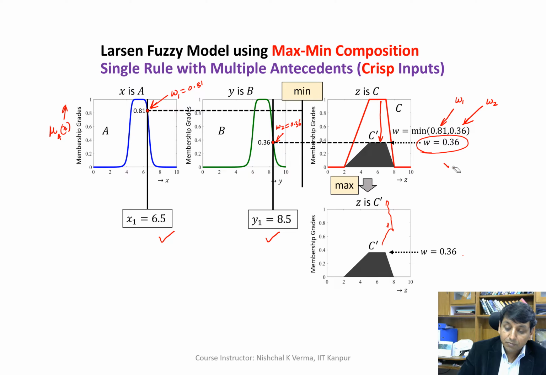The membership function of the new fuzzy set, let's say mu c dash z, is nothing but the W into mu c z here. So this way we'll get the output membership function.